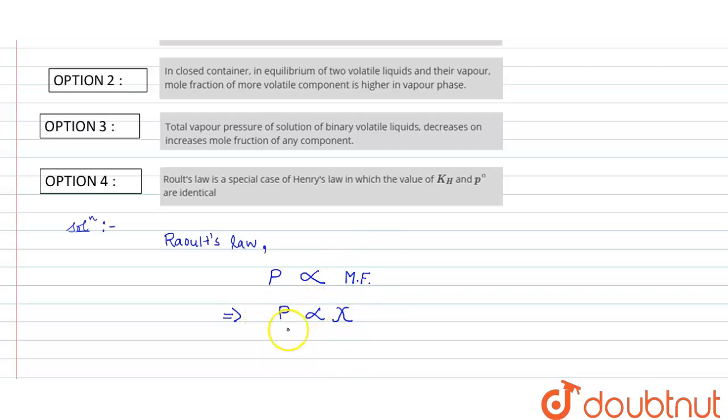Now if we remove this proportionality sign, we get a proportionality constant, which in this case is denoted by P naught, so P equals P naught chi. This is the expression for Raoult's law of partial vapor pressure.